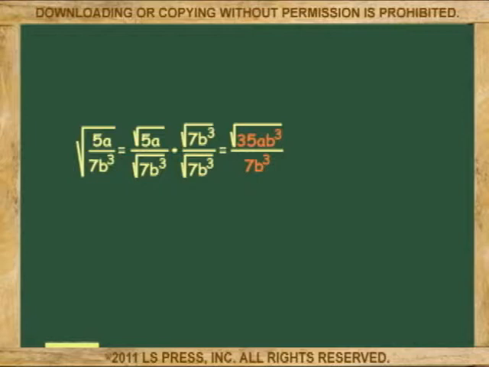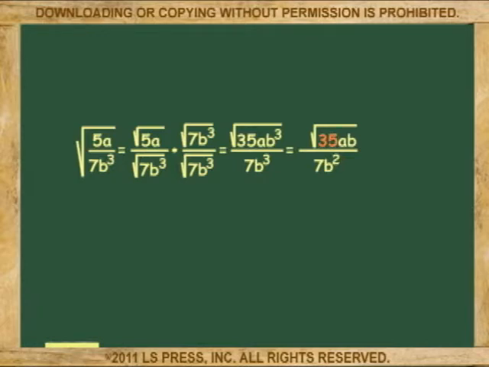Because the numerator contains now b cubed, the b cubed can be factored as b radical b, because 2 of the b's come out as 1b. So the numerator is now b radical 35ab. To finish it, we reduce the b in the numerator outside the radical with the 1b in the denominator, leaving the denominator now as b squared instead of b cubed.